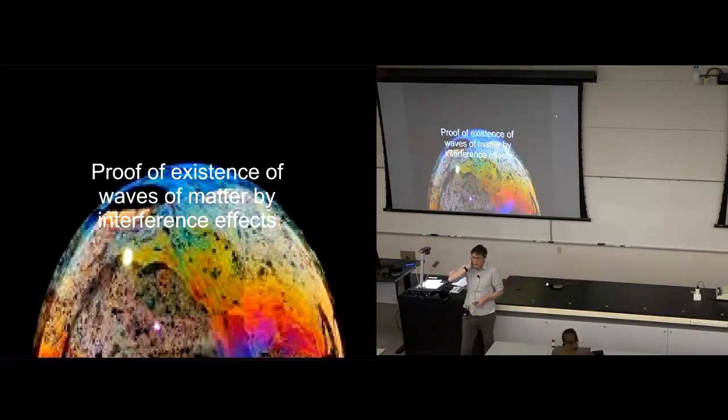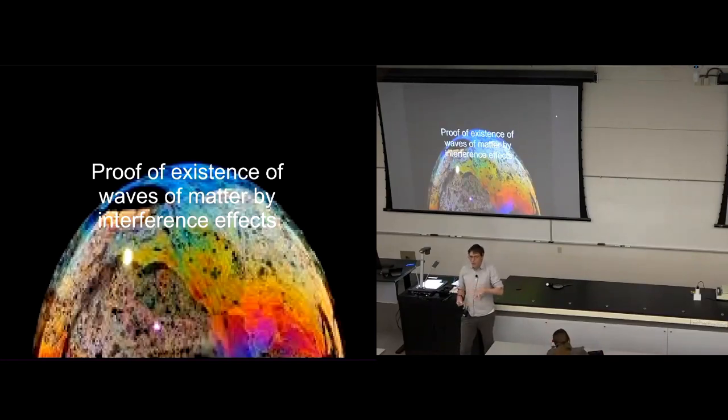Okay, I want to show you a couple of slides about how it was established, how it was proved, how it was observed that matter has wave-like properties. Say how electrons or protons or atoms or molecules have wave-like properties. Because it's fine for de Broglie to come up with the idea of matter having wave-like properties, and fine for him to invent a convenient formula for the wavelength of matter waves.